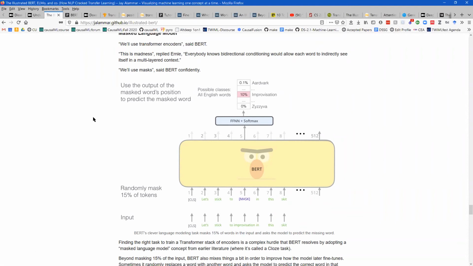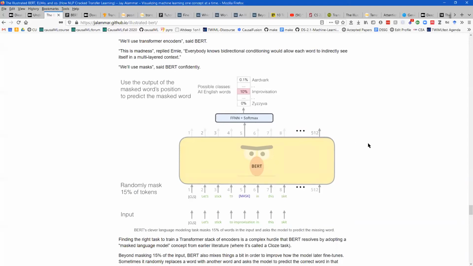So 15% of the tokens, I guess, are randomly masked, and they train this model to guess what these masked words are. And again, the same final layer that we've seen before. It's a softmax layer over the entire vocabulary. And if you're trying to find the masked word, you pick the one with the highest score.